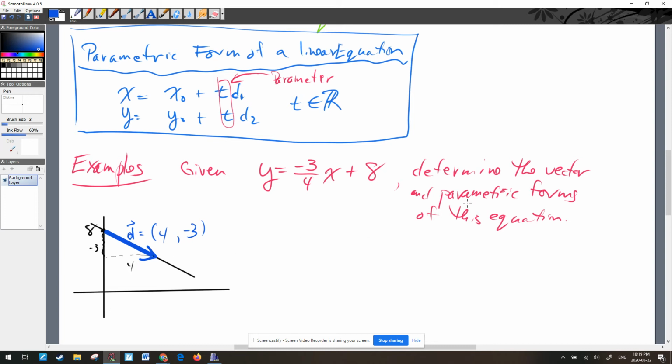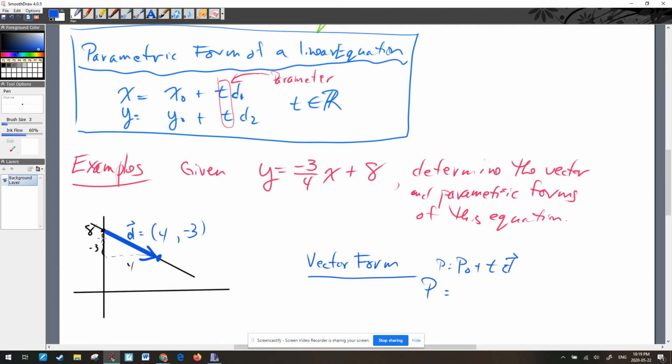So if I want the vector form, the vector form needs to look like P is equal to P naught plus T times a direction vector, right? So P naught can be any point on the line. So 0, 8 is a lovely and obvious choice, but it's not the only choice.